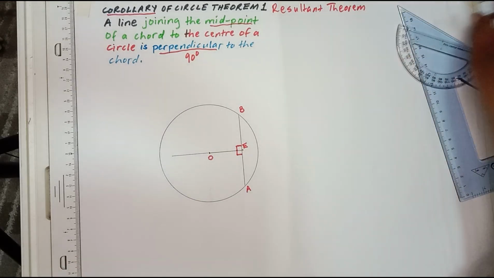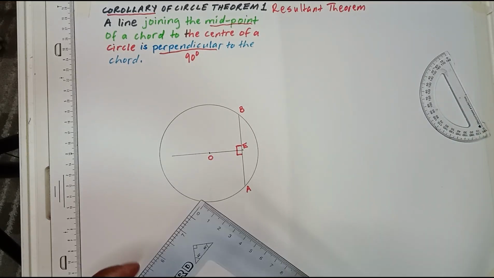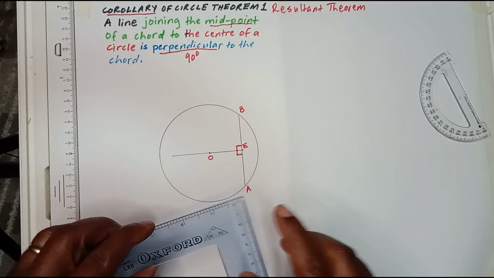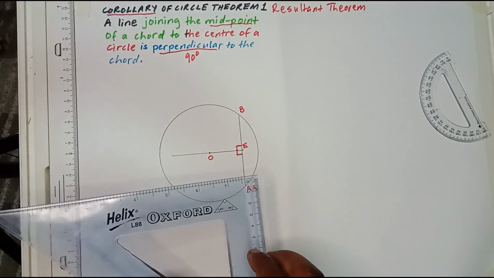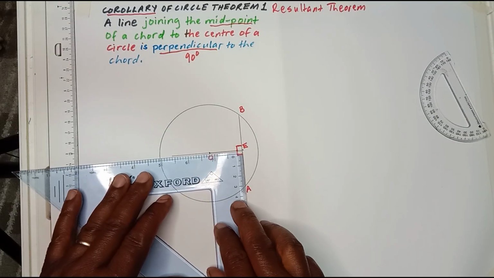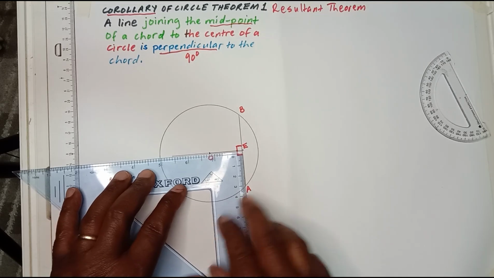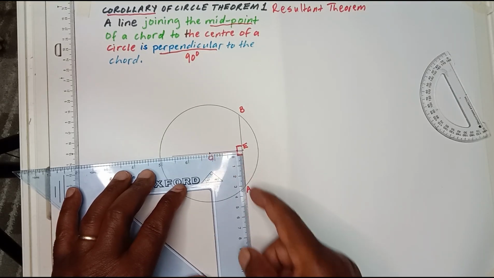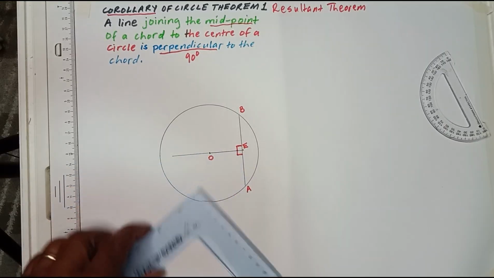Now, to verify that this angle is 90 degrees, we can also use the set square instead of a protractor. This angle of the set square is 90 degrees. So we can push the 90 degree angle of the set square into the angle OEA. We can see that the arms of the angle are matching the sides of the set square. So this angle is 90 degrees.